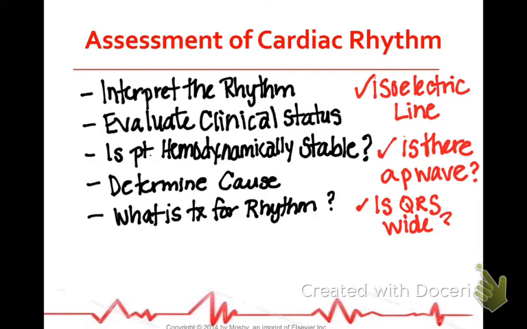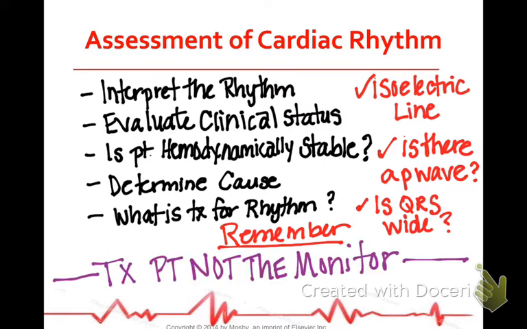If it's wide, that's not usually a good thing. Why do you think that is? If it's wide, what do you think the ventricles are doing? They're working overtime, right? Or they're not working very well. So if it's wide, that's not good. So remember, treat the patient, not the monitor.